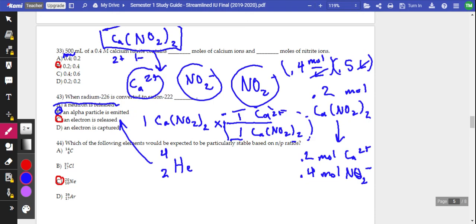Electron release or electron capture would involve our atomic number rather than our mass number. Our mass number should stay the same. Electron capture or electron release, like a beta emission, would be more like just changing the atomic number by 1, if I remember correctly.